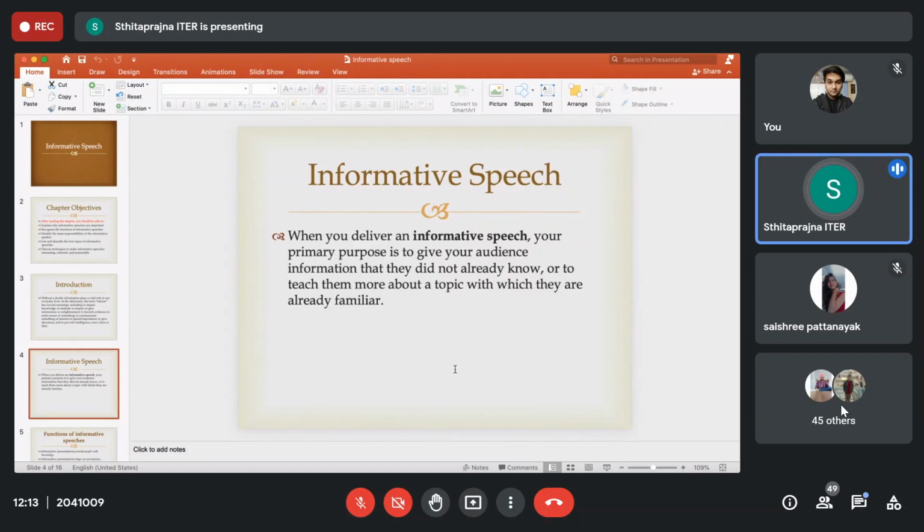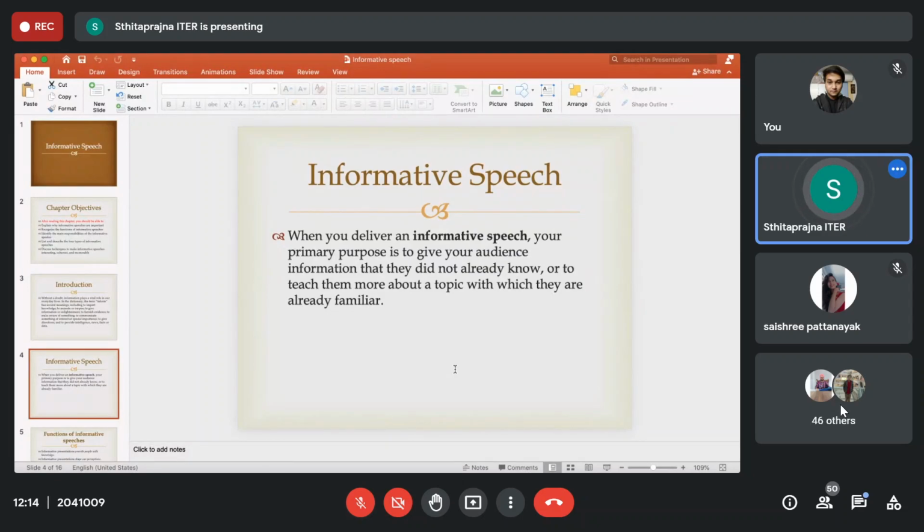Now, this is something of importance, and this should be the guiding principle for deciding on a topic for your informative speech. So, the primary objective of informative speech is to inform your audience about something that they did not already know.